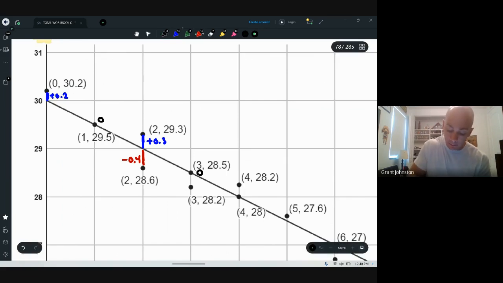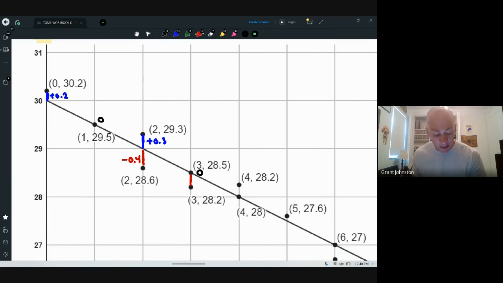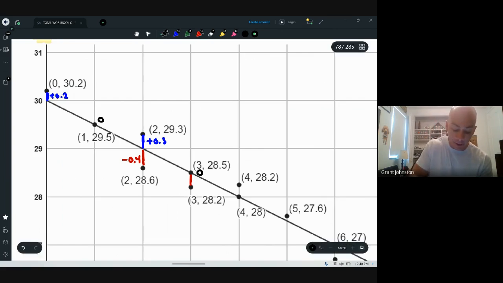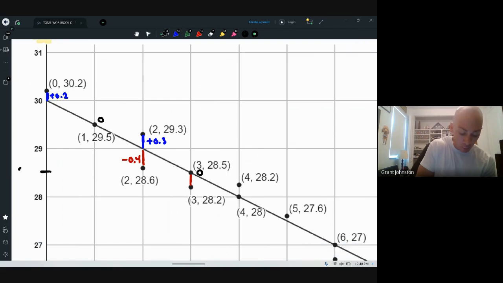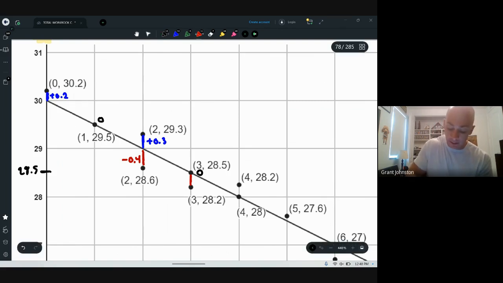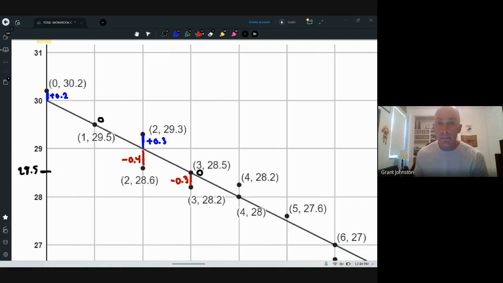But this point down here is at 28.2, and it looks like the line there is at 28.5. So if that's at 28.2, that means this is a negative 0.3 residual. Keep on going. This looks like it's 0.2 above. This is right on.